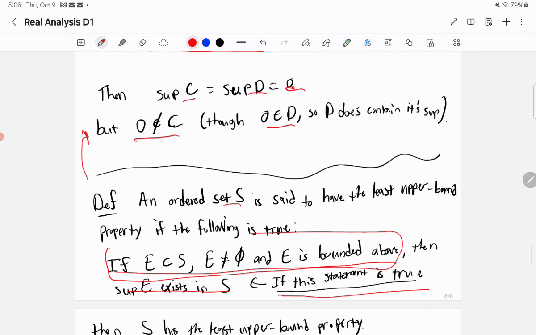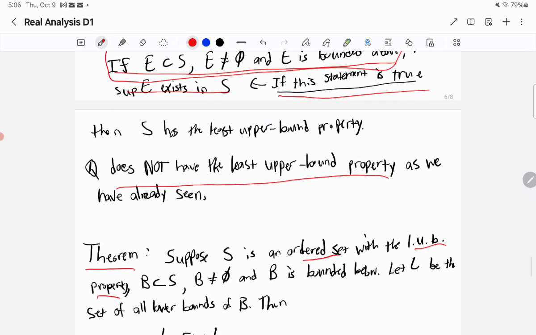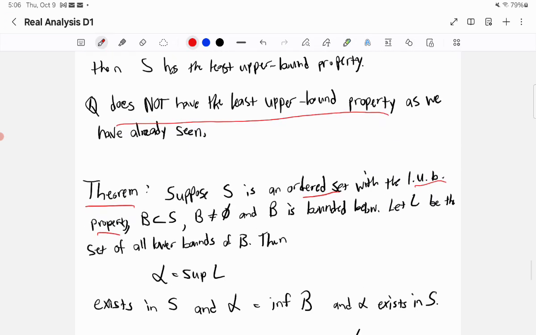We already said that by definition, if it has the least upper bound property, it's an ordered set. So we don't really need to say that it's an ordered set here. But suppose S is an ordered set and it has the least upper bound property. Suppose further that B is a subset of that ordered set S. So B has to be ordered, right, because it's a subset of S. And B is not empty.